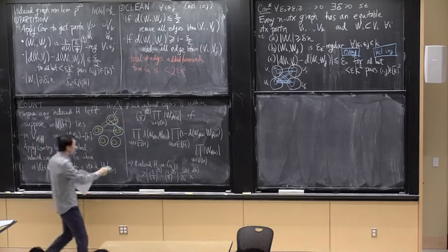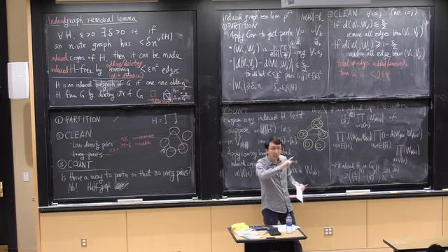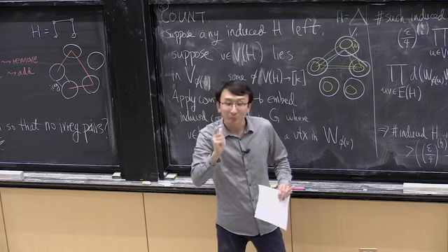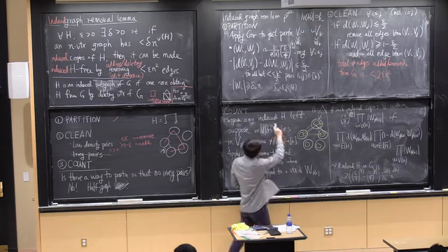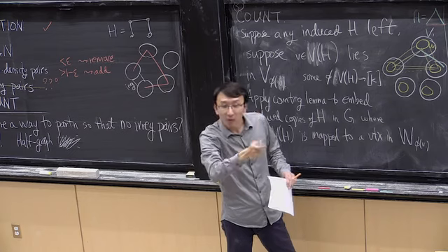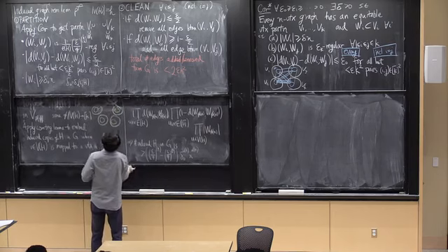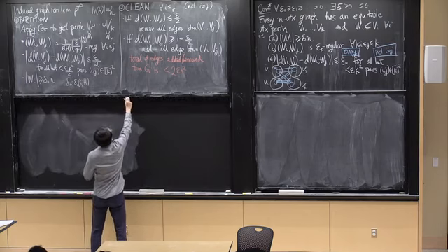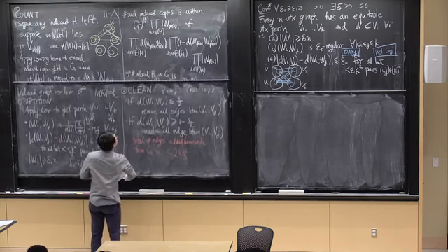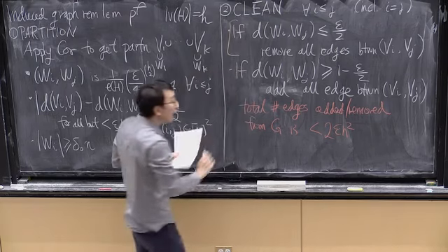So that comes up in the cleaning step in what I wrote in red, in dealing with the number of total edges that are added or removed. Think about how many edges are added or removed in these non-exceptional pairs. Let's just think about added edges.